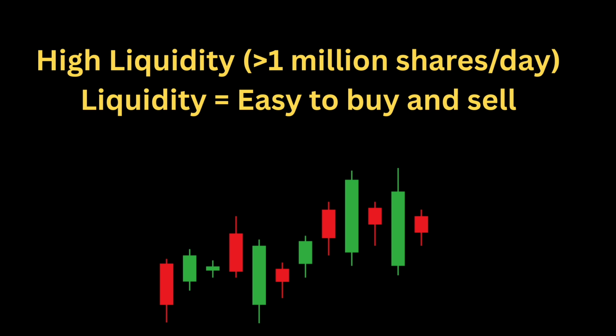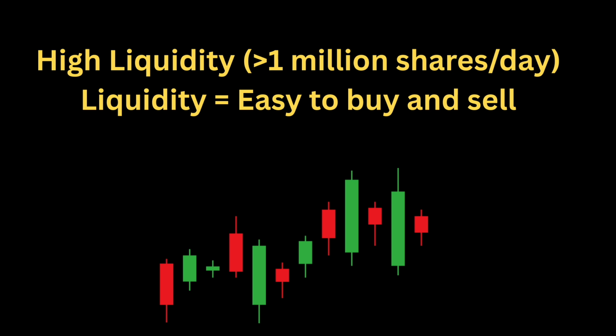And sometimes you have an exit order, and even though the wick touches your exit price, the order doesn't get executed because there were no buyers or sellers to exit your trade, because of low liquidity. That's why I prefer stocks from the Nifty 50 or any national index of the country you are in.